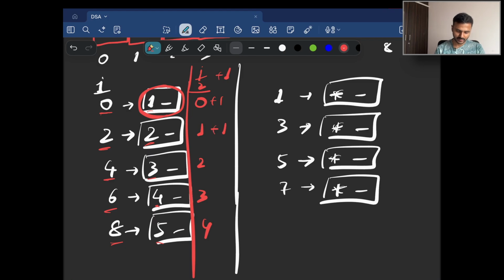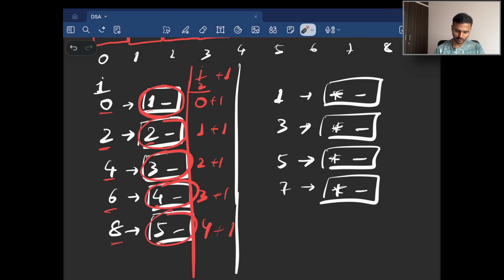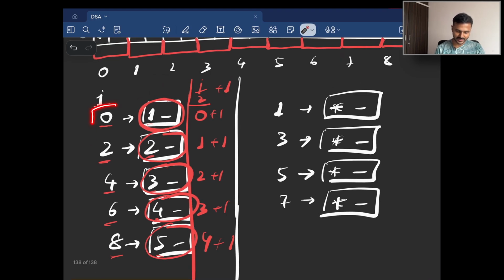If I add 1 over here, I get 1 plus 1, which is 2, which is what we're supposed to print here. Then 2 plus 1, which is 3. 3 plus 1, which is 4. And finally, 4 plus 1, which is 5. So what I mean is that when j is an even number, if we divide j by 2 and then add 1 to it, we will get what we are supposed to print for that value of j, right?